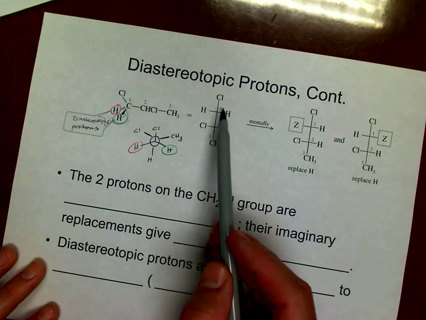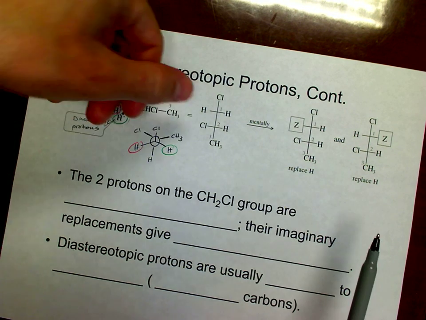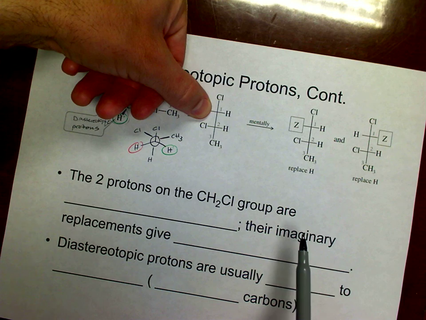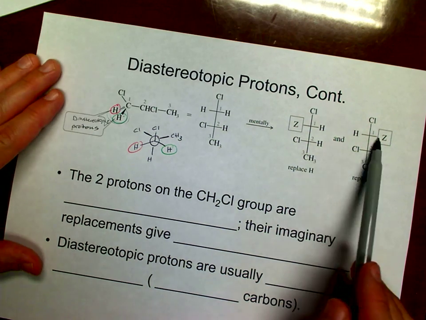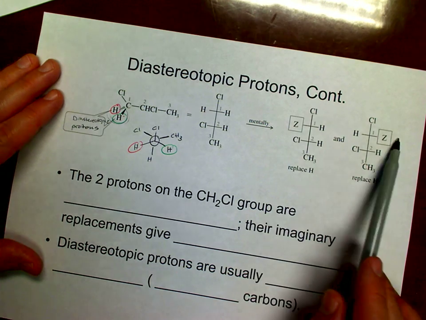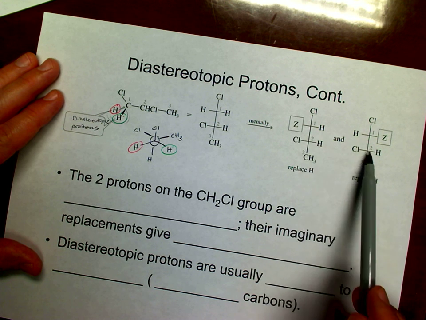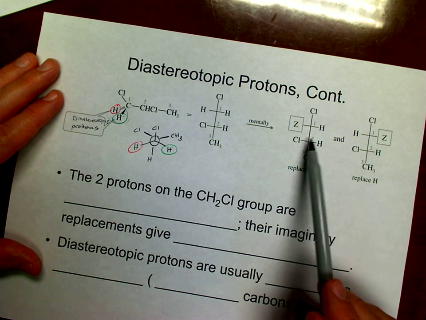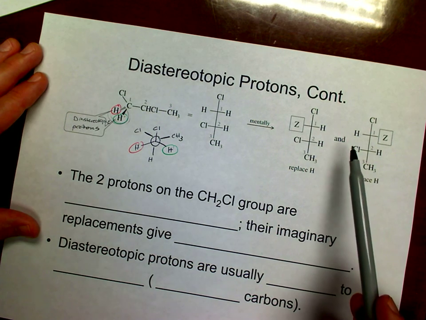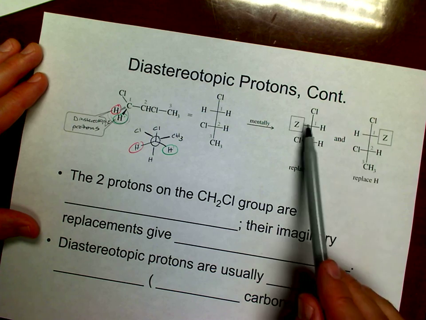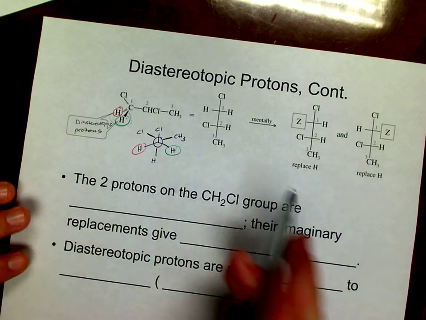So here is position 1. Just like how we covered up the two positions and put our thumb on this one, we had a different molecule, then we put our thumb on this one, and we're doing the exact same thing here. If you notice, these two are diastereomers. Position 2 would overlap, but position 1 won't, so they're not mirror images, and they're not the same thing. They are just diastereomers. So these two positions are diastereotopic positions.